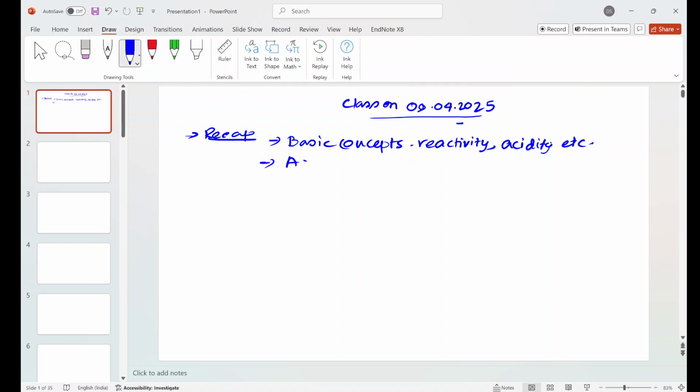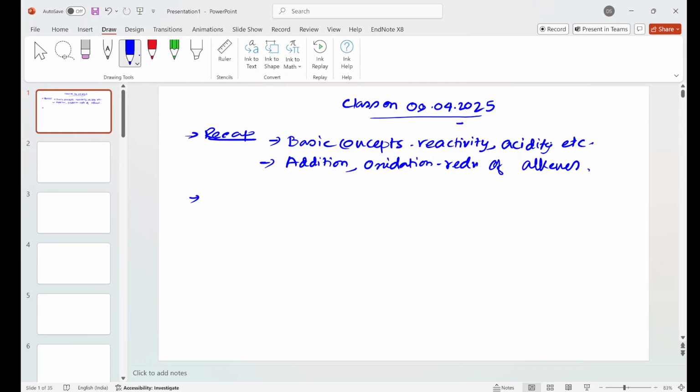Okay, so addition, oxidation, as well as reduction reaction of alkenes.